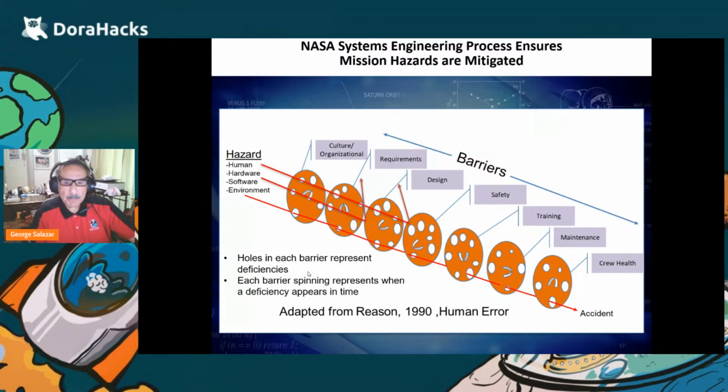So each barrier spinning represents when a deficiency appears in time. It's just something to think about when you're designing a system or you're doing a hack: look at the barriers to make sure that what you're developing is sound, and look at what holes are in there.